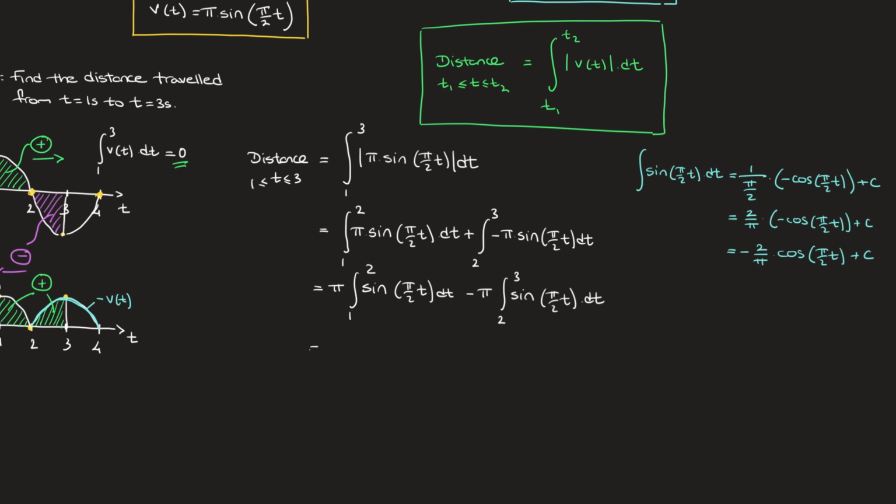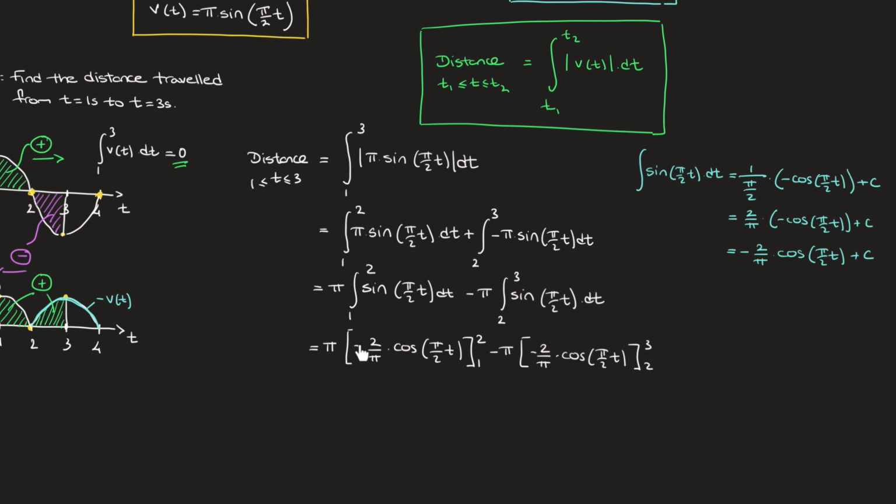Indeed, we can now state that that's equal to pi times, in square brackets, negative 2 over pi times cosine of pi over 2 times t, with lower limit 1 and upper limit 2, minus pi times, in square brackets again, negative 2 over pi times cosine of pi over 2t, with lower limit 2 and upper limit 3.